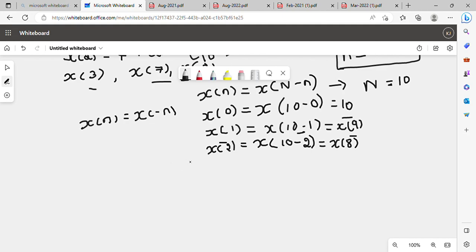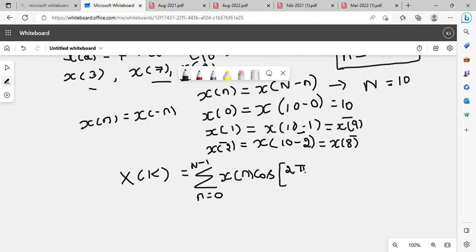So therefore, for this real and even sequence, your DFT is given by x of k is equal to summation from n equal to 0 to N minus 1 of x of n into cos 2 pi kn by N, okay.